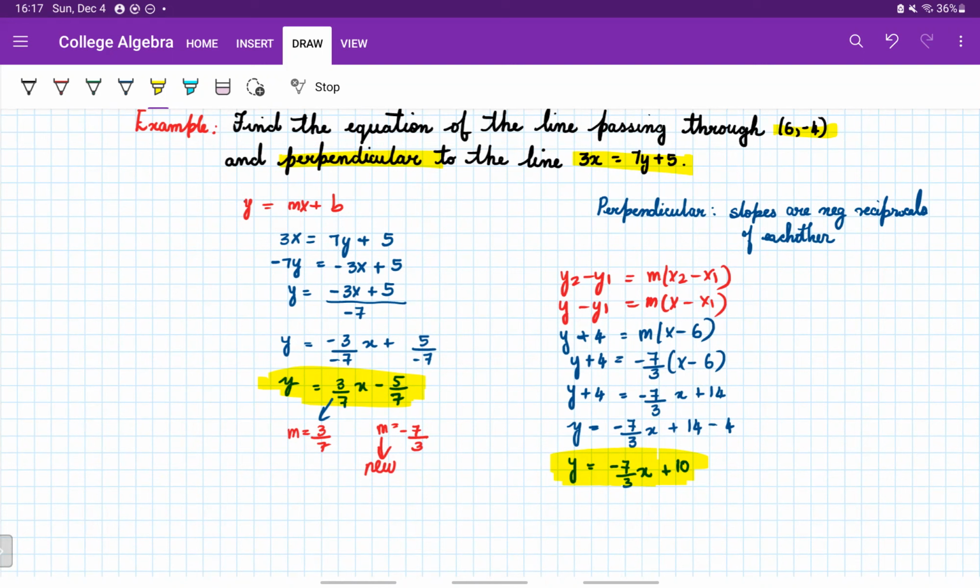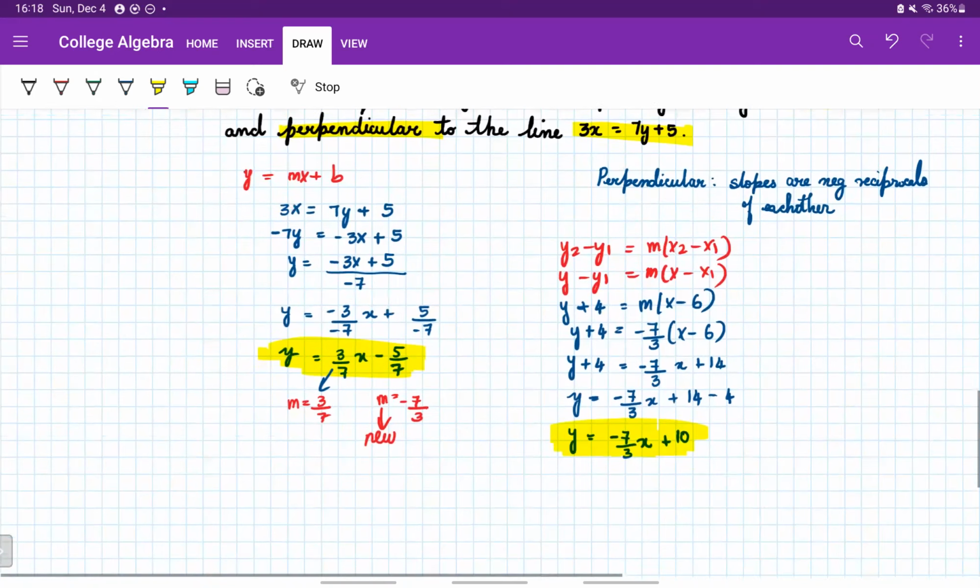The slopes of both the lines are negative reciprocals of each other, because on one side we have 3/7 as our slope, and for the other equation we have -7/3, which is a negative reciprocal. And one more thing is we have to check if (6, -4) is actually a part of the line, which would just mean you plug in 6 as our x value and -4 as the y value.